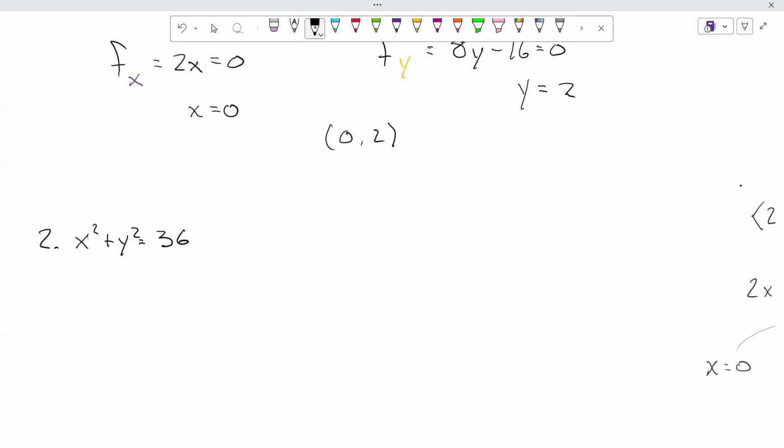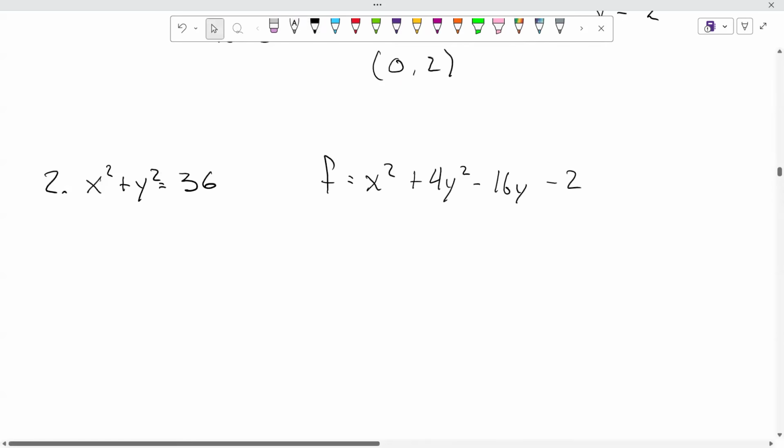So x squared plus y squared equals 36, and our function is x squared plus 4y squared minus 16y minus 2. That's our function. I need to rewrite f as a function of just a single variable.